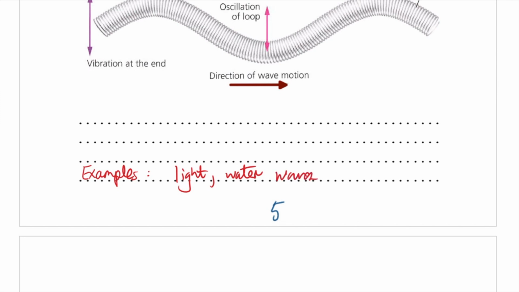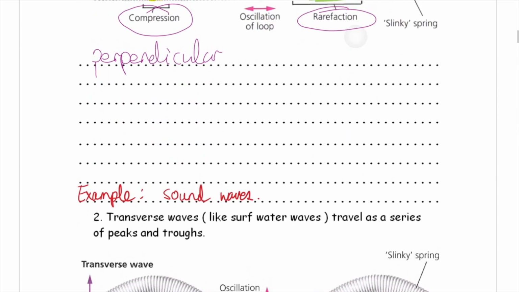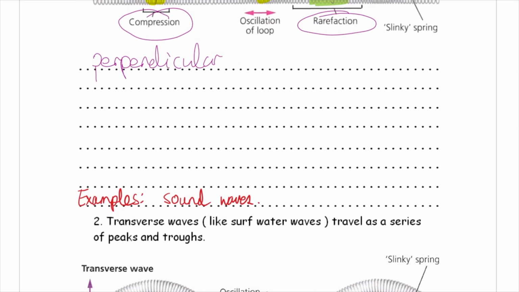I suppose what we could add to both, we just looked at them, slinky springs. So let's pluralize that to examples and add in slinky springs.